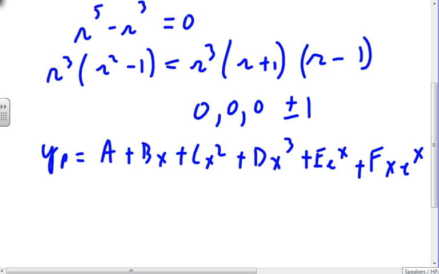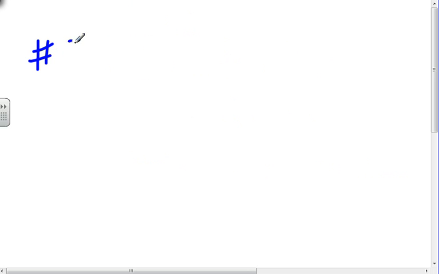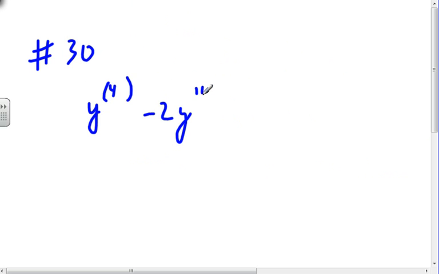We'll do 30 the same way. Number 30: y fourth derivative minus 2y double prime plus y equals x squared cosine x. There's no e there.